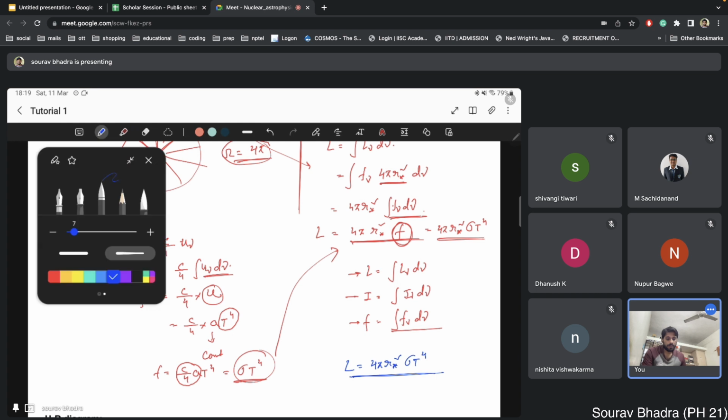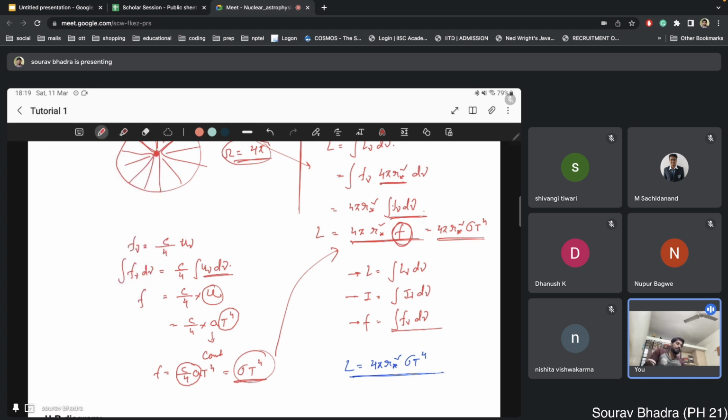This tells you the relation between the luminosity L and the temperature of the star, which goes as T to the power 4, and there is also another parameter, the radius of the star, r star.